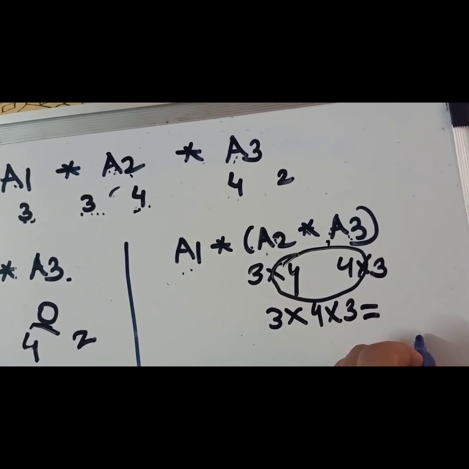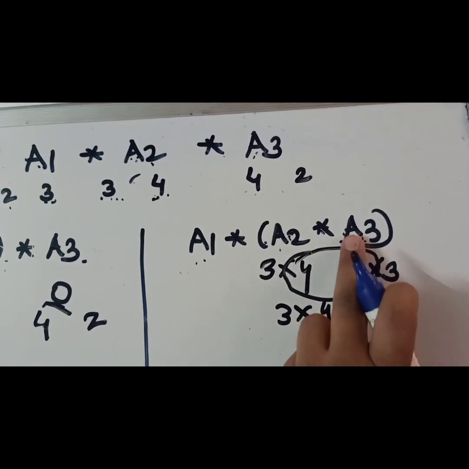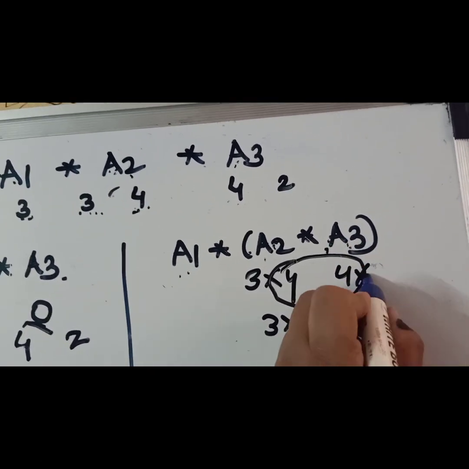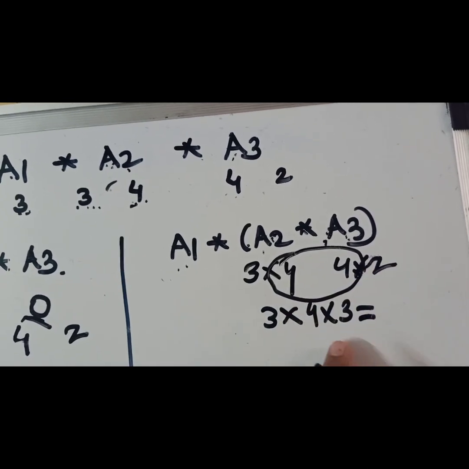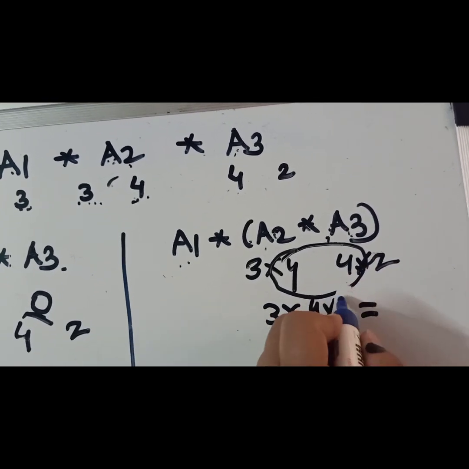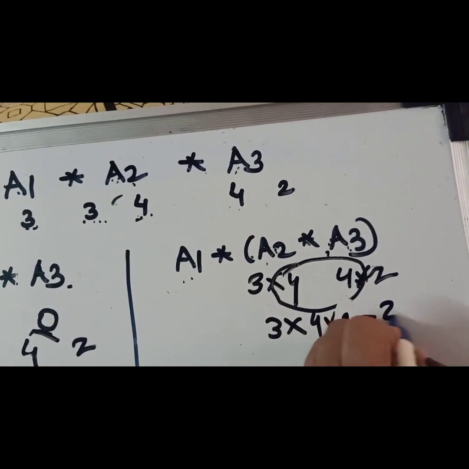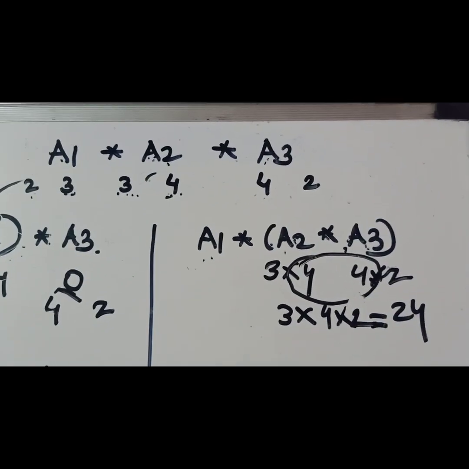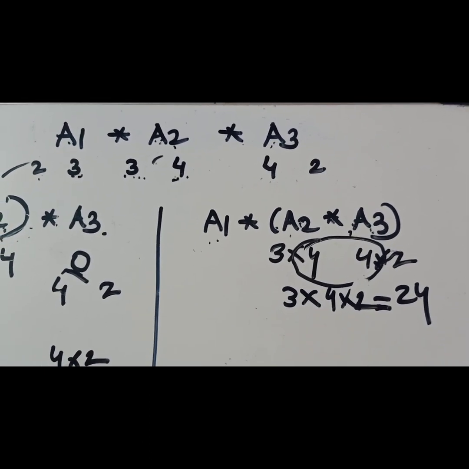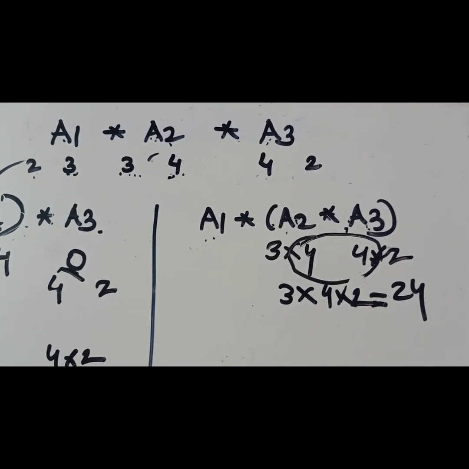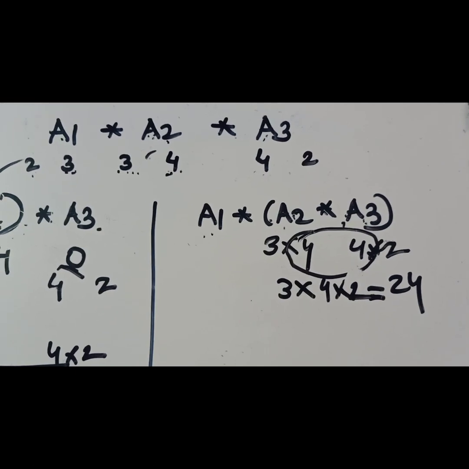Sorry, a3 is 4 by 2. And here it will be 3 by 4 into 2. So we are getting here 24. So how many multiplications are required when we are multiplying a2 and a3 together? We are getting 24 multiplications.